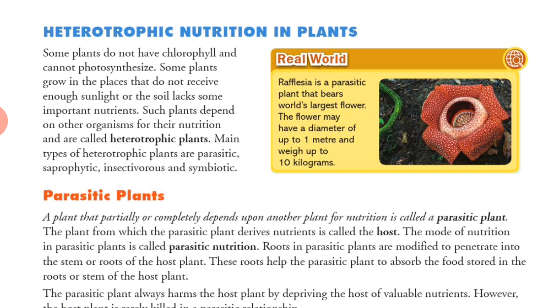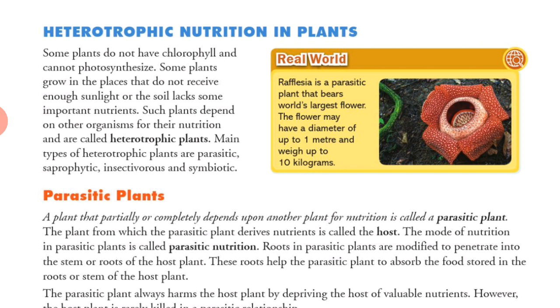If someone comes to your house, you are the host and he or she will be a parasite that will depend partially as well as completely on you for their food. Okay, and the same is the case with plants also. Those that depend upon other plants for their food or nutrition are called parasitic plants.